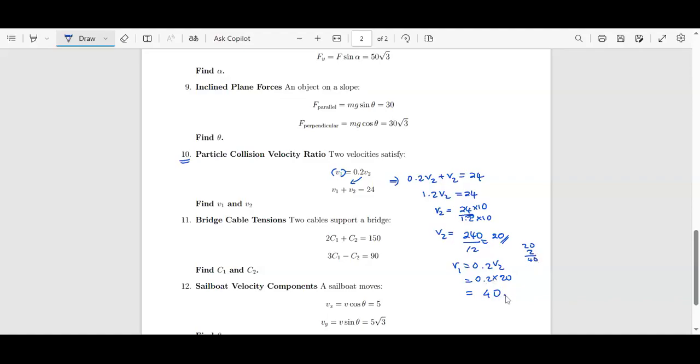So now you should shift it one step to the left, and you get 4.0 or 4. Because the decimal shift has to be taken back. You shifted it to the right, so you compensate by shifting it to the left. So 40 becomes 4.0, or 4. So V1 is 4, V2 is 20.